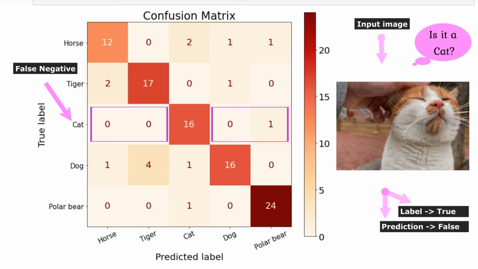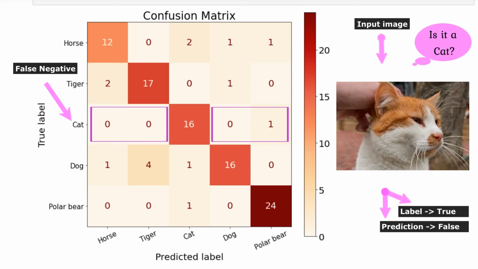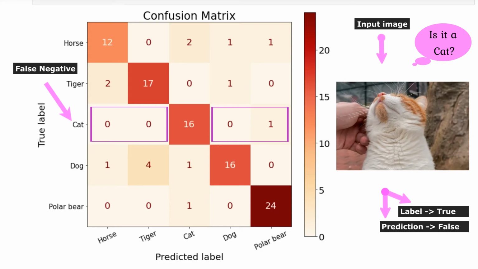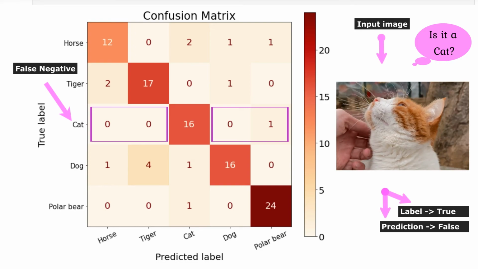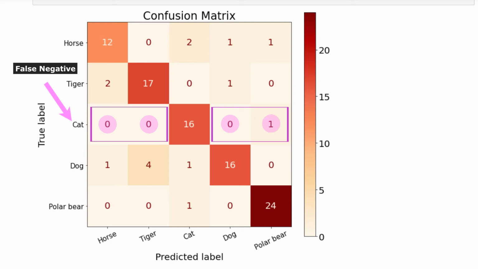False negative cases in this row represent the number of misclassified images that are actually true for this class, but predicted as false. When our model sees only images with cats, consequently in these cells values must be 0, but the model, for one case, failed to recognize this condition.